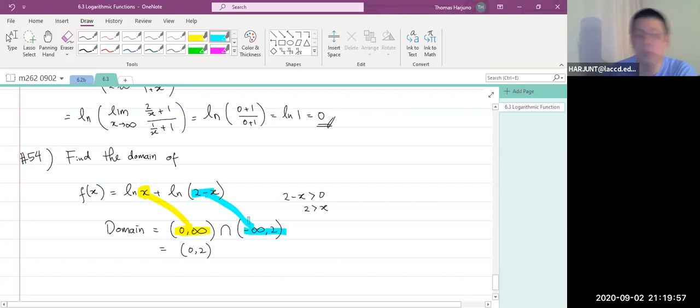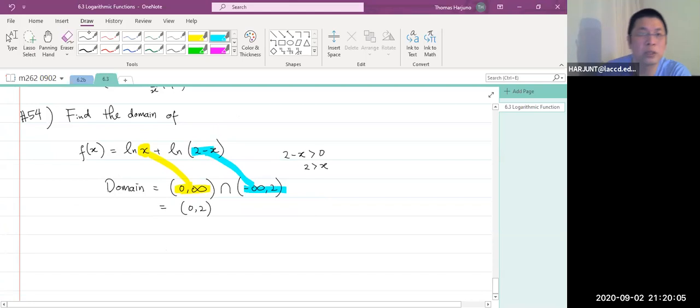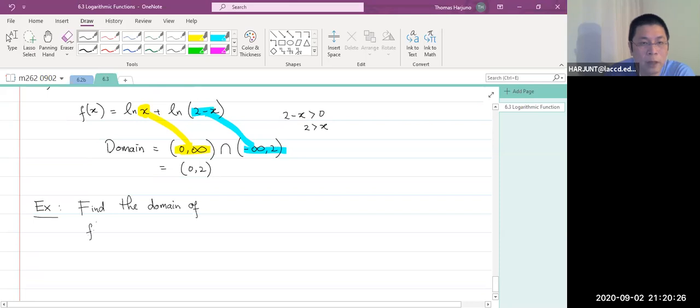Now, that brings me to one issue that, in my opinion, is very crucial, and plenty of students didn't realize this. For example, find the domain of f(x) equals natural log of x plus natural log of x plus 2.